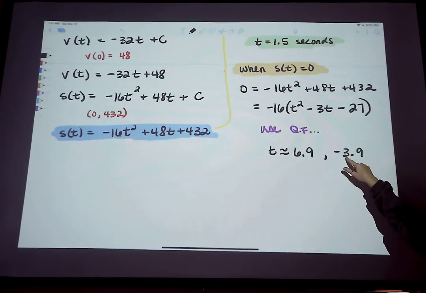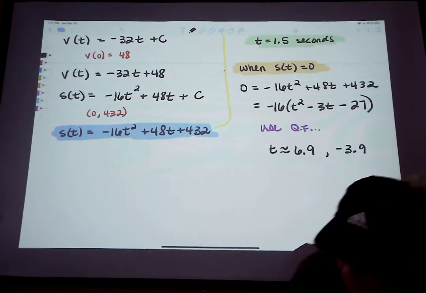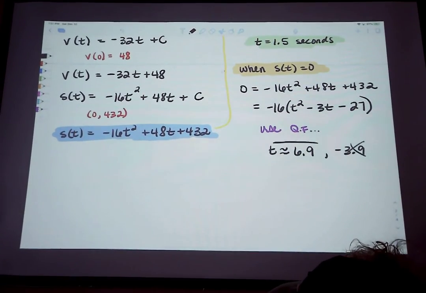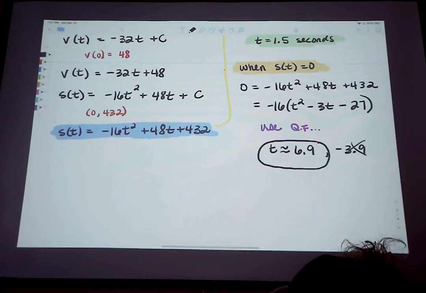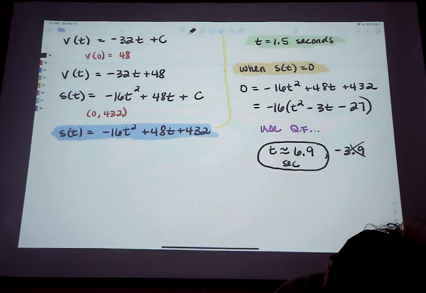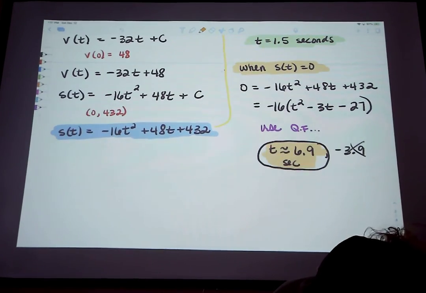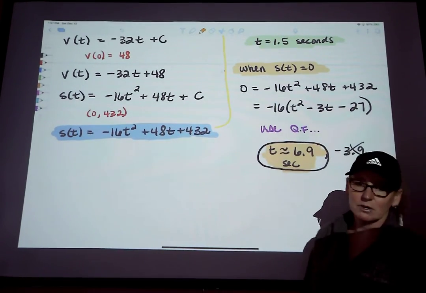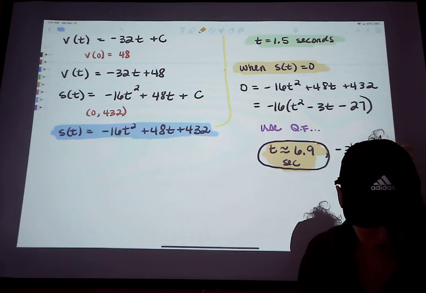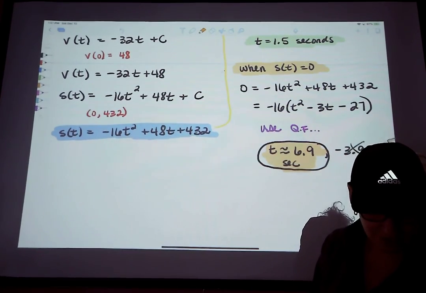Don't let your time be negative. Took 6.9 seconds for it to hit the ground. Again, round to 3 usually. I'm not sure why I didn't, but there you go.